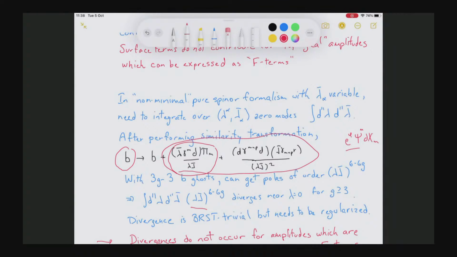But if you want to quantize or even gauge fix, you need to describe something like this b ghost. And as I mentioned, the b ghost has these poles in lambda lambda bar, and that immediately starts to cause problems, because once you allow poles in lambda lambda bar, you have to decide how divergent the states can be in these poles.